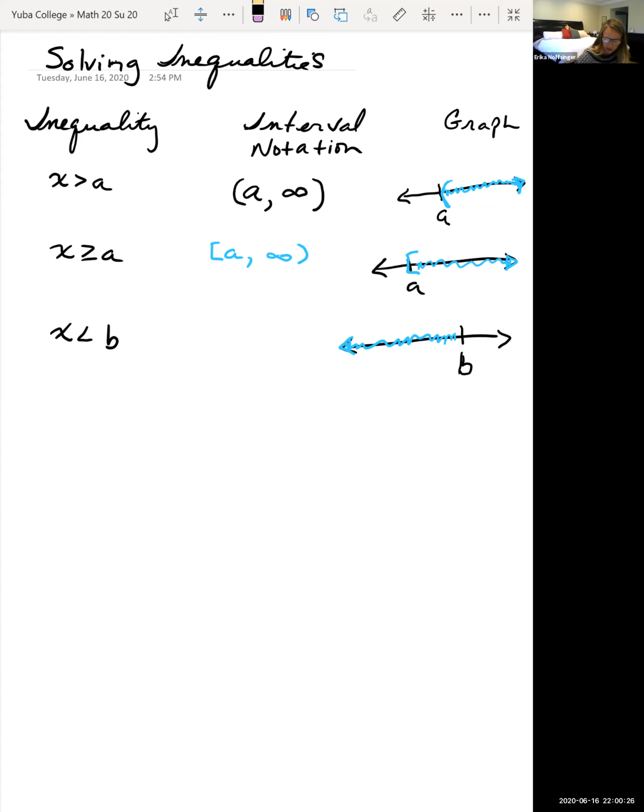If you do not include b, you use a parentheses, and if you include it, you use a bracket. From left to right on that number line, we're coming in from negative infinity, and we're getting really, really close to b on the left, but not ever hitting it. So a parentheses.